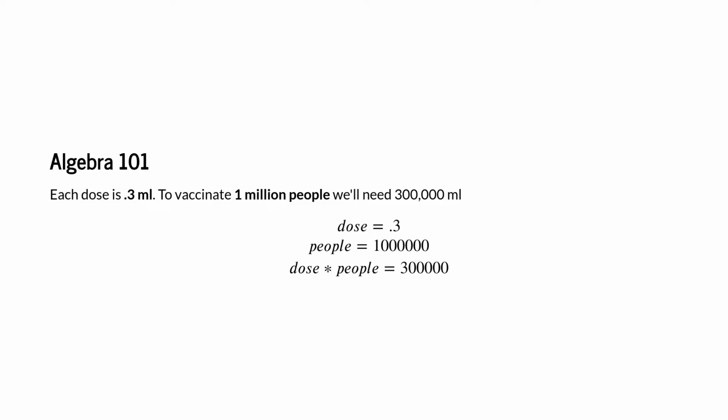Each dose is 0.3 milliliters. We need to vaccinate 1 million people. Well, 1 dose is 0.3. We have 1 million people. We multiply the 2 together, and we get 300,000. It shouldn't be too surprising for anyone that's made it past even an elementary school education.